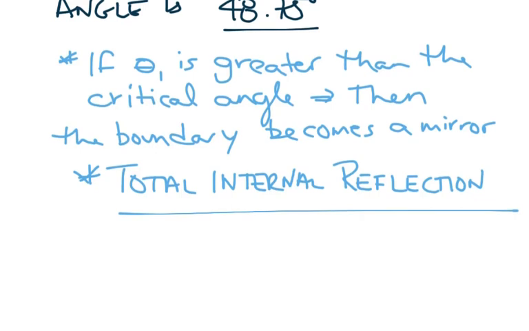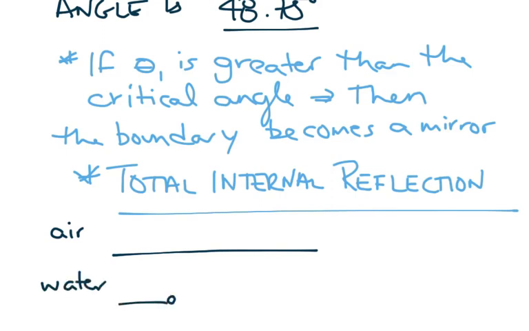But what does that mean, Mr. Roddy? Well, if I have air to water, and I have Mr. Roddy hanging out down here snorkeling again, and Mr. Roddy sends a beam of light up to here, and that angle of incidence obviously is more than 48 degrees. What's that angle approximately? Take a guess.